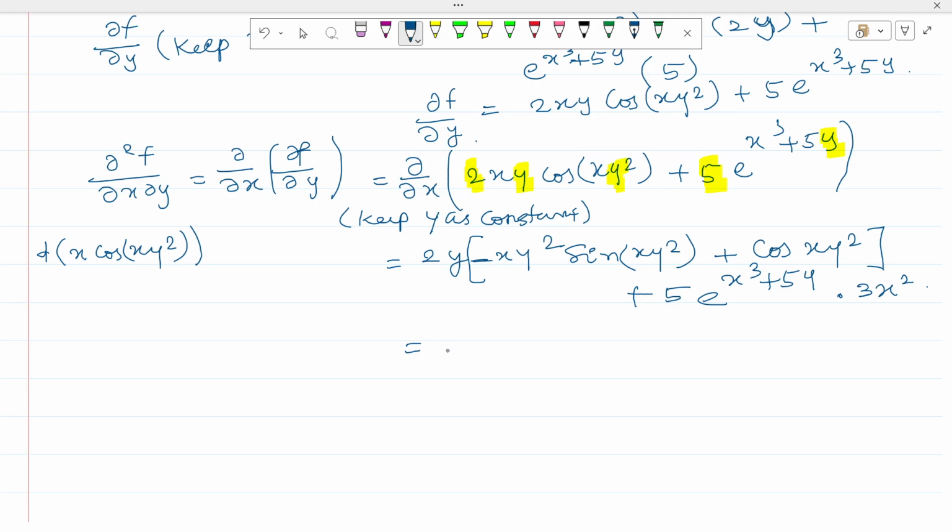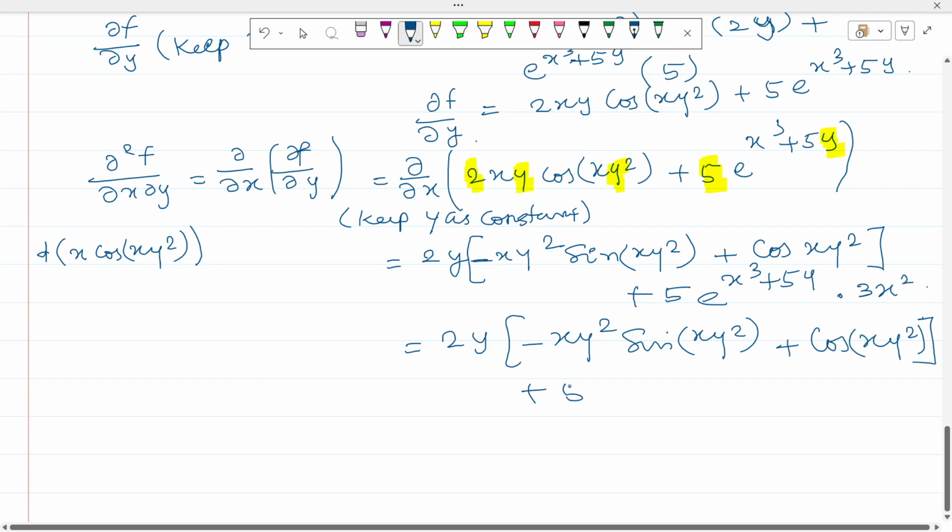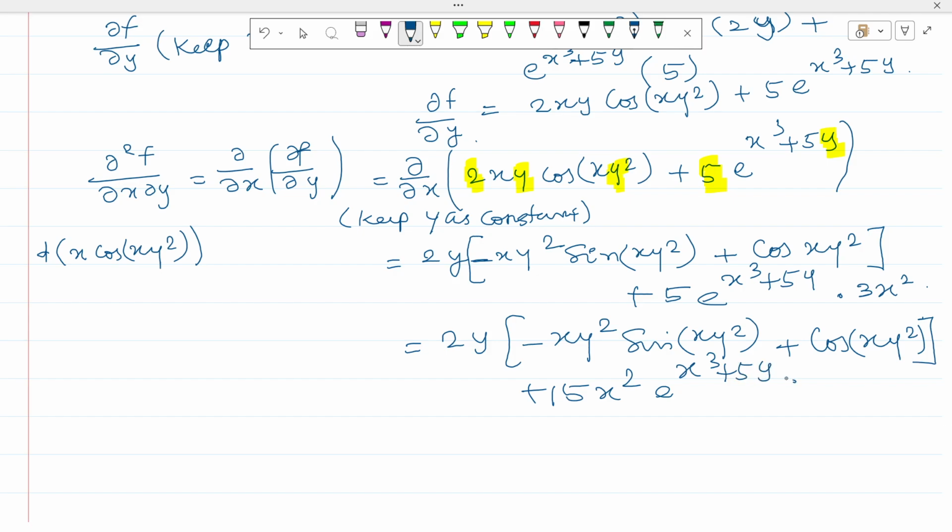So that is equal to 2y into minus xy square sine of xy square plus cos of xy square, and then plus 5 into 3, 15, 15x square e power x cube plus 5y.